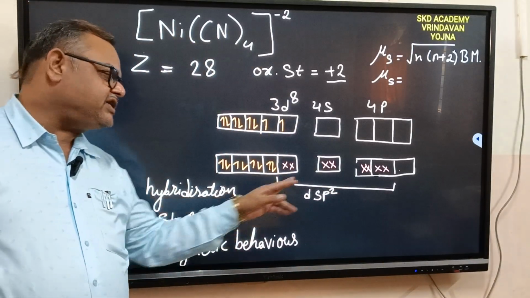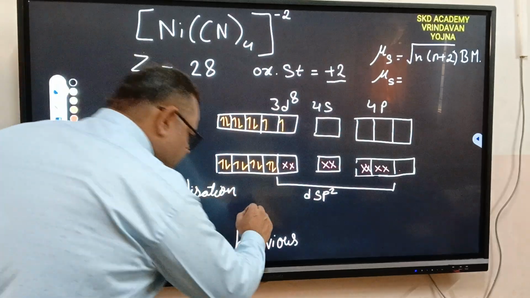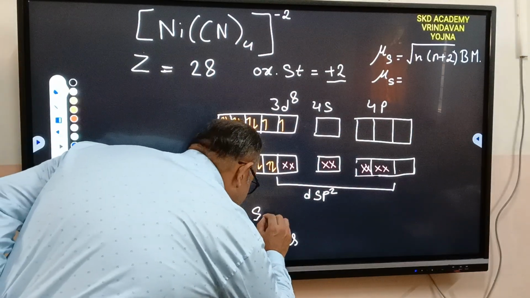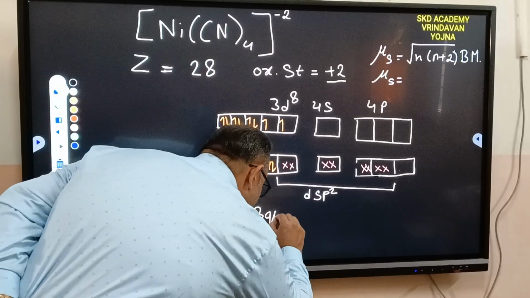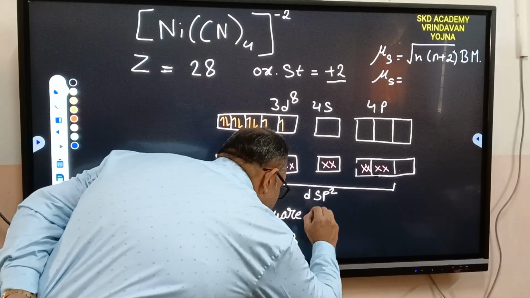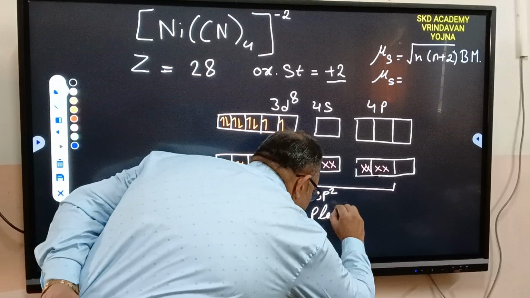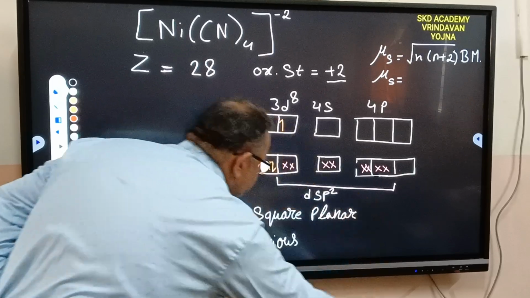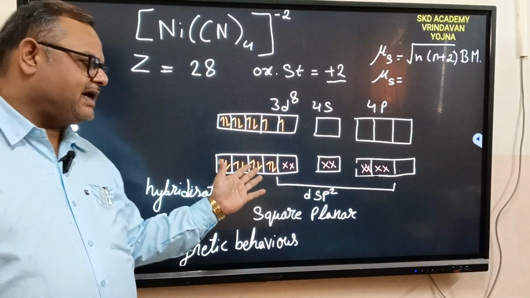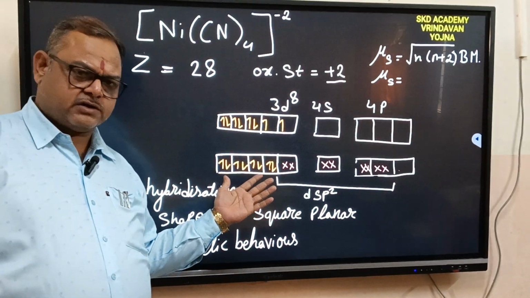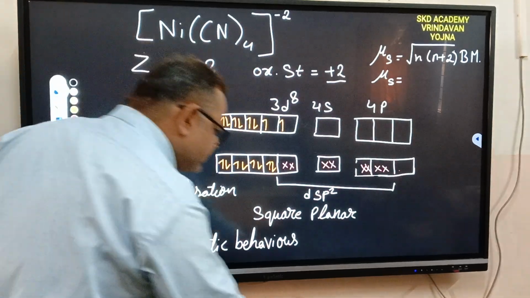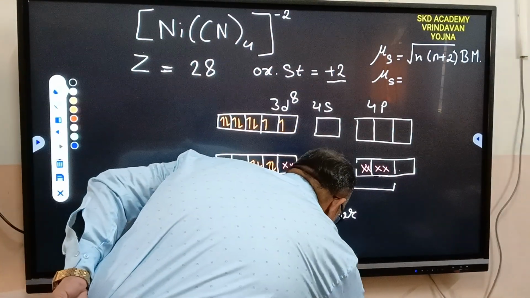Now, with the hybridization of dsp2, the shape will be square planar. The shape will be, children, square planar. As we can see in the valence orbitals of the central metal, we don't have any unpaired electron here also. So the complex will still be diamagnetic.